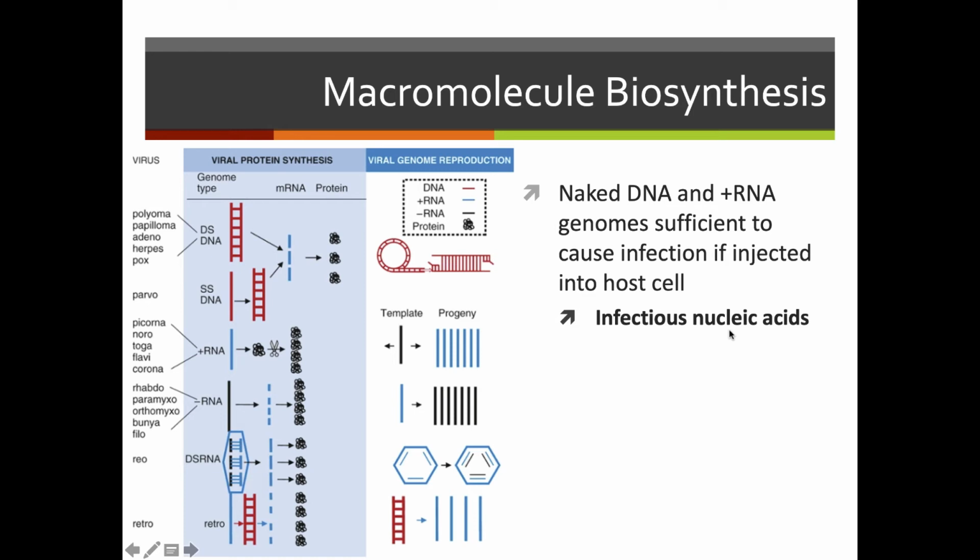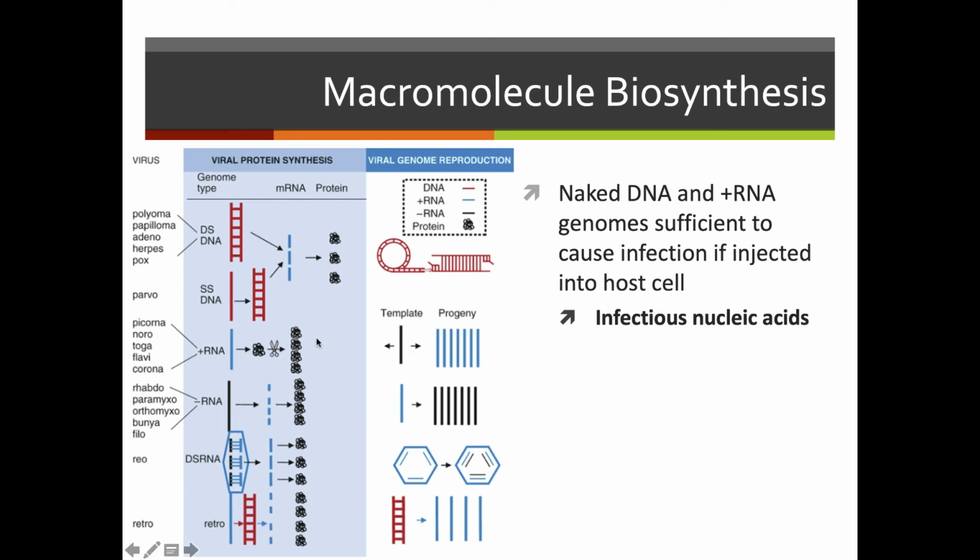This is totally a laboratory artifact, but because positive strand RNA can act as an mRNA template, you can immediately begin protein synthesis. And because DNA can be transcribed into mRNA and then be translated, it is also just a one and done. You can get it in and get things going.